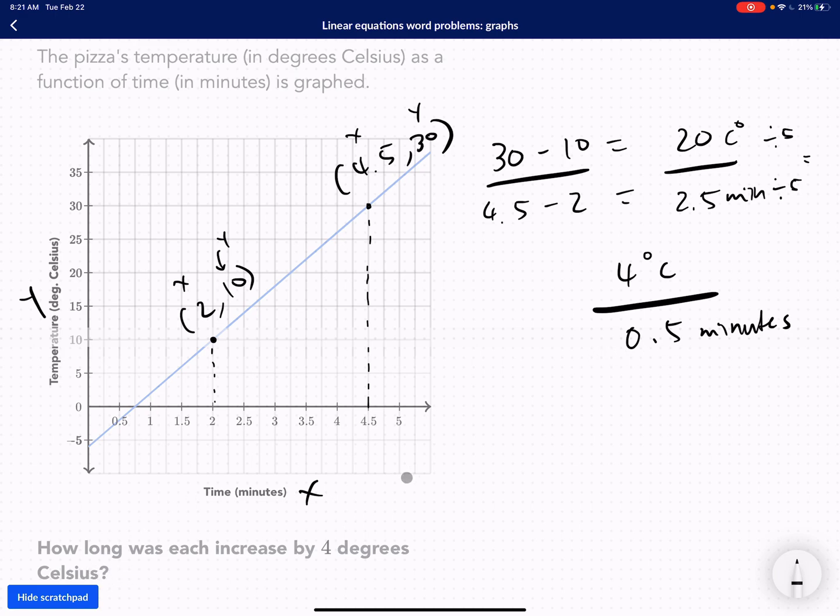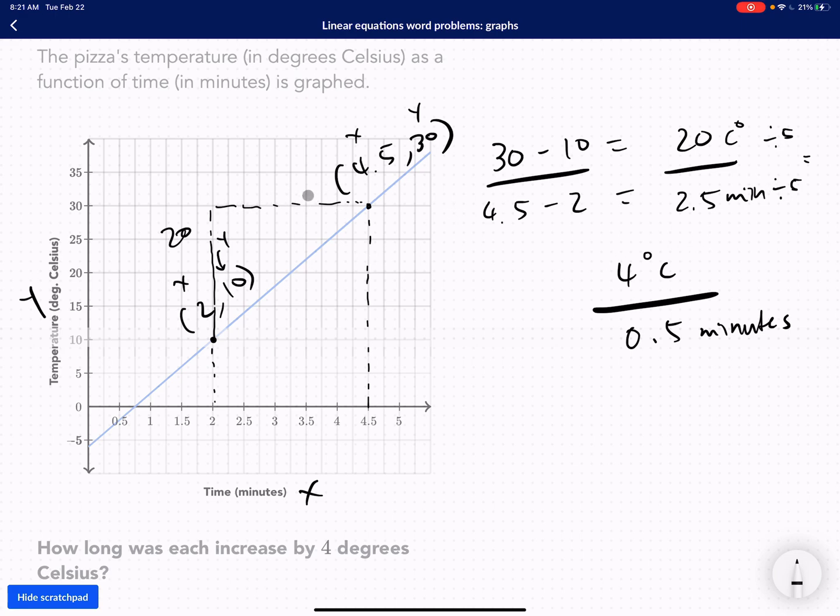And so I also wanted to show you this rise right here. This rise from 10 to 30 is 20. My run is from 2 to 4.5, which is 2.5.